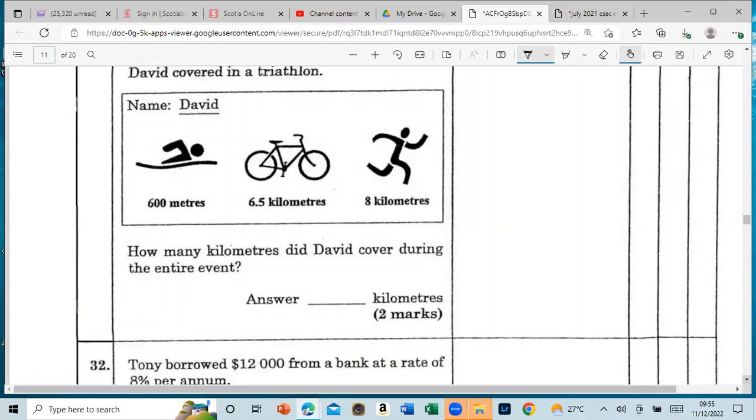What would be the final answer for that? There are 20.5 kilometers. Everyone agree with that? So that's 20 and a half.